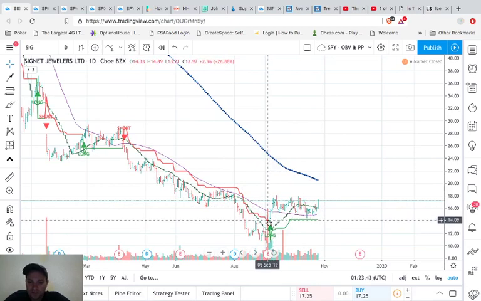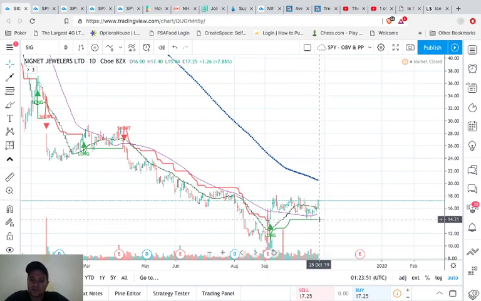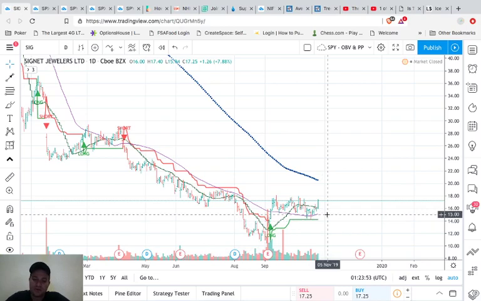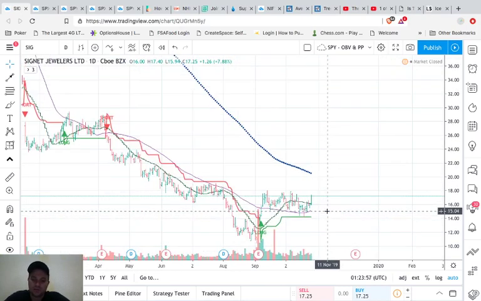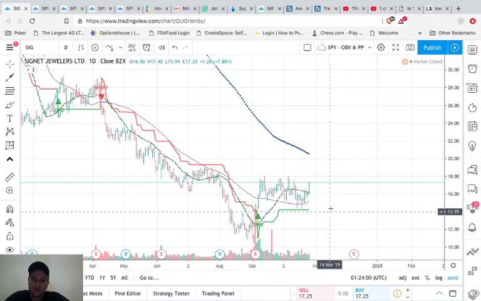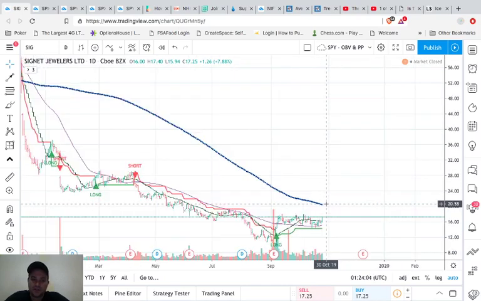This would have been your entry here at 14, and this line is based off of volatility and the price reaction, and it's ATRs that it's based off of. But long story short, if it goes below that line, it's showing that a new trend's developing.